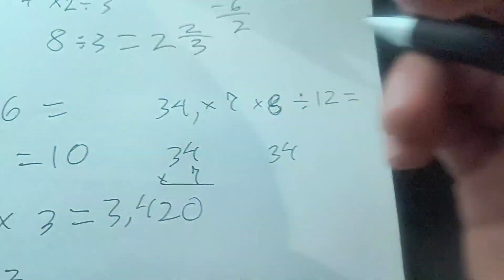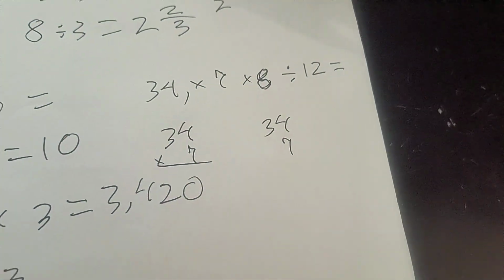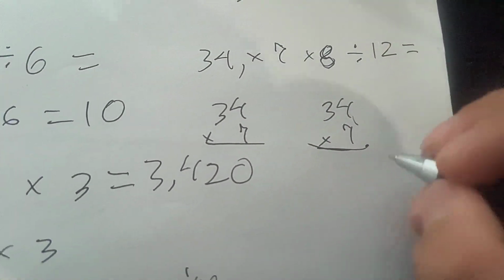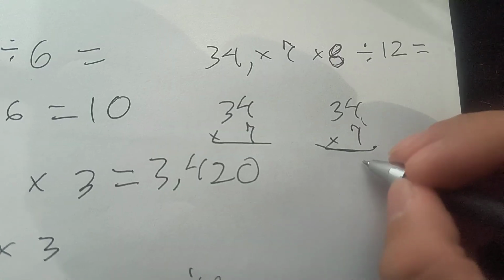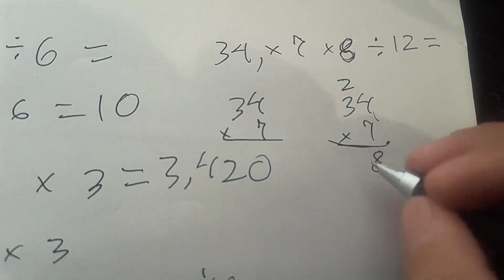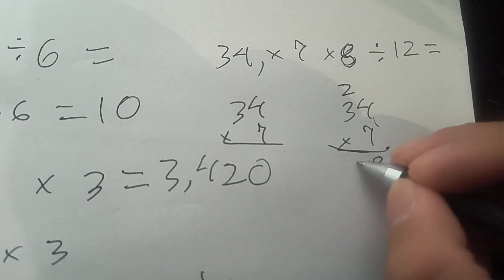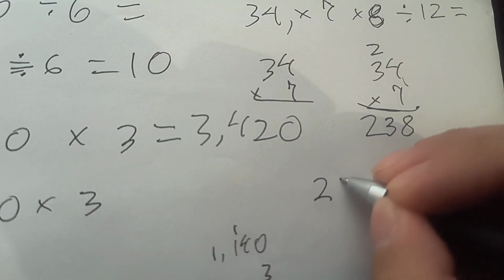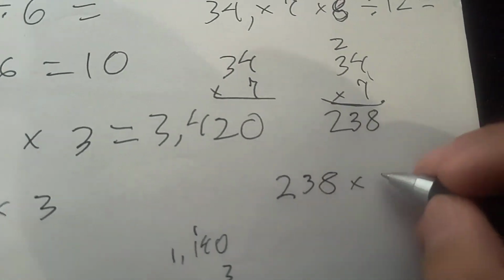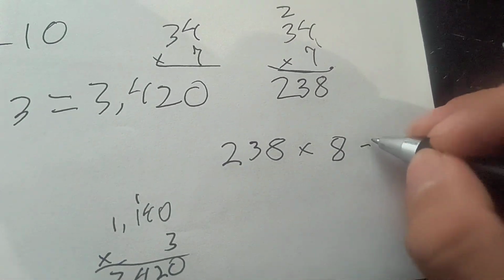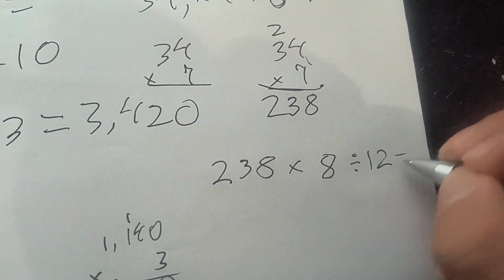I should have written it over here. 34, focus, times 7. 7 times 4 is 28. 7 times 3 is 21 plus 2 is 23. And there we go. So we got 238 times 8. We already did this part. And then divided by 12.